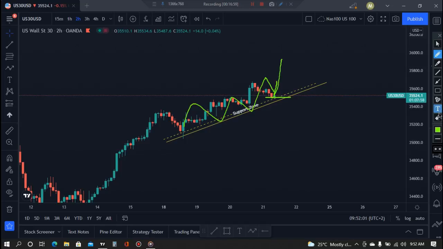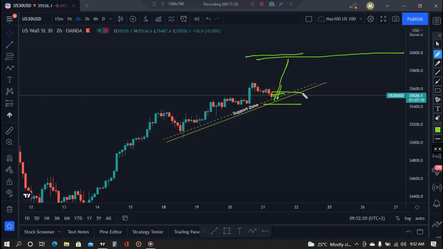So we just wait for the market to push up. You can just jump on the market, it's fine. Maybe your stop loss should be around 35,400. Then your take profit should be like 36,000. I think the market can still reach 36,000 somewhere there.